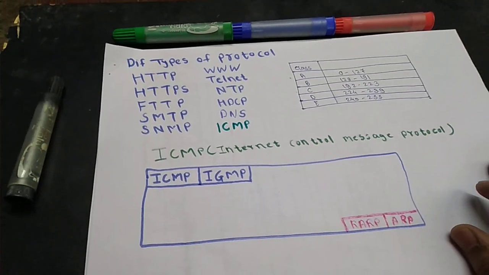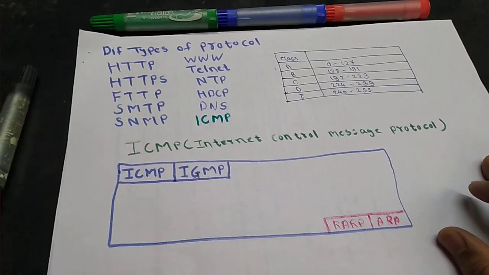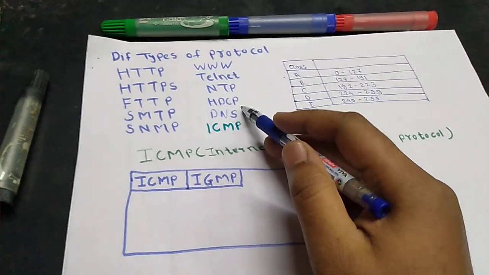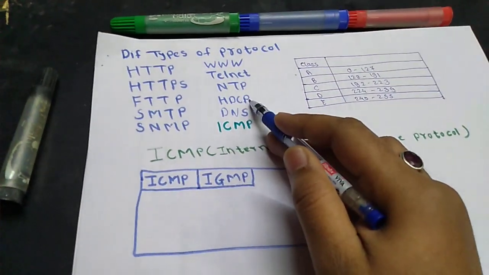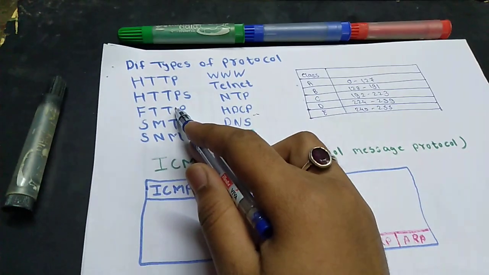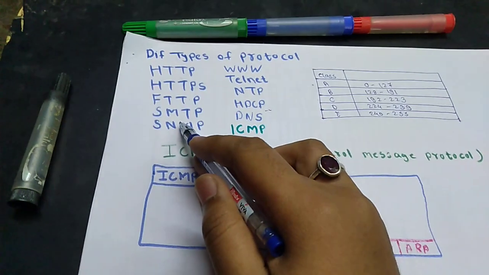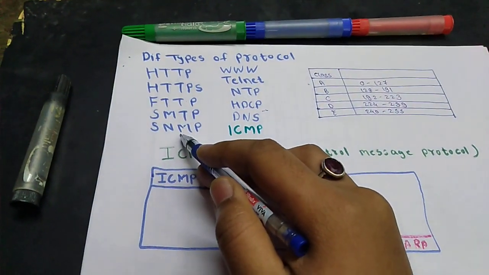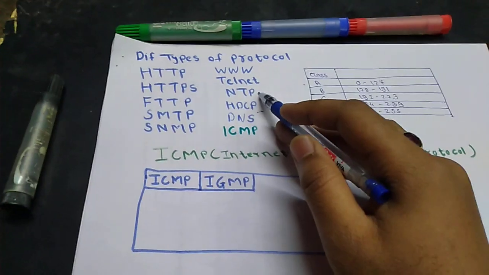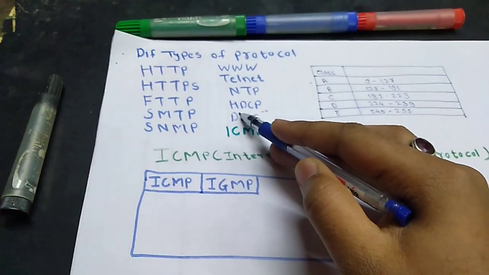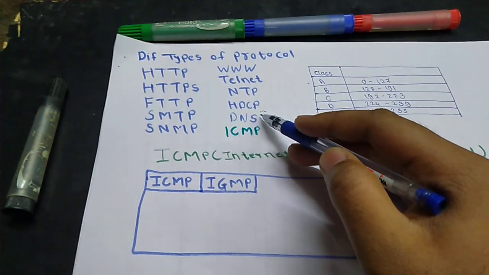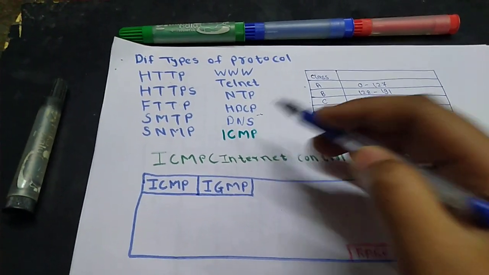On the previous page we checked the different types of protocols: HTTP, HTTPS, FTPS, SMTP, SNMP, WWW, Telnet, NTP, DHCP, DNS, ICMP.